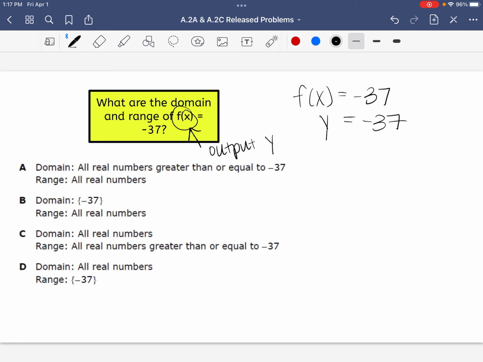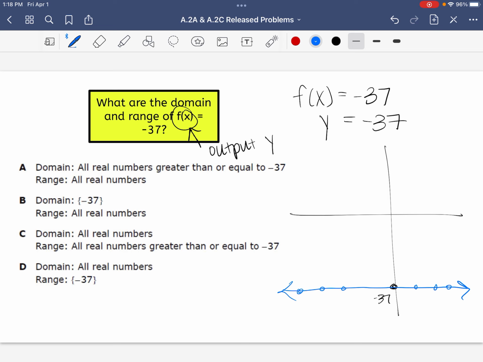And this is an equation, so it tells me I have a constant value for y at -37. So what that would look like on the coordinate plane is a horizontal line through -37. So every single point along this line has that range of -37.